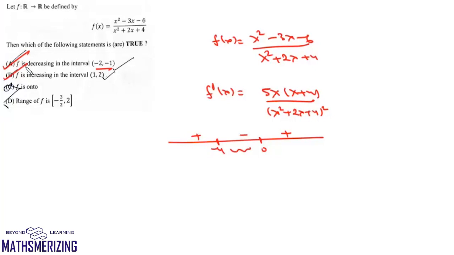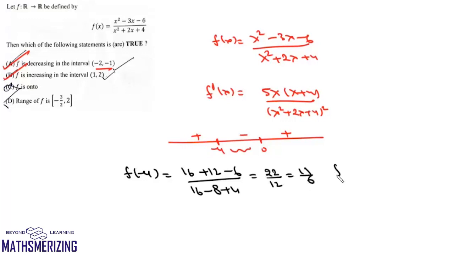Now we need to find the range of this function. f(−4) will be (16 + 12 − 6)/(16 − 8 + 4), which is 22/12, and that is 11/6, and the value at 0 will be simply −3/2, and if we take the limit as x tends to plus or minus infinity, this limit will be simply 1.